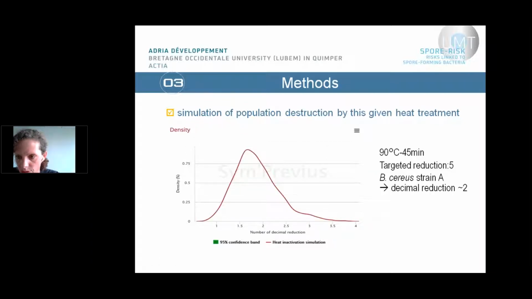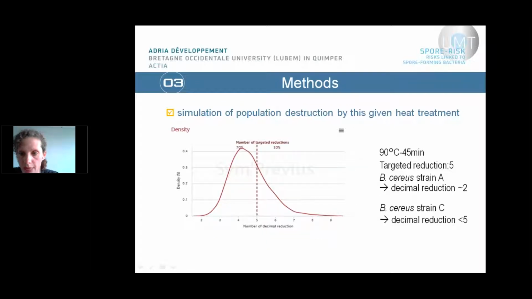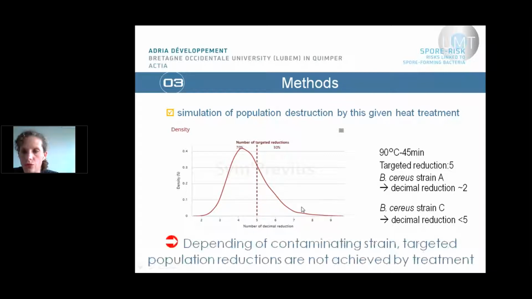For strain 1, I will obtain 2 decimal reductions, but as soon as I use another strain, a highly heat-resistant strain, you see that the same thermal treatment reaches much less efficiency, because here I got far from the 5 decimal reduction that I was targeting, and obviously the heat treatment will not ensure the destruction of this resistant strain.